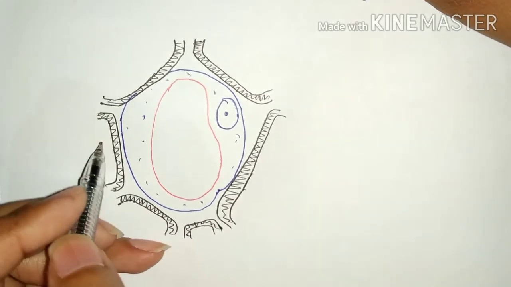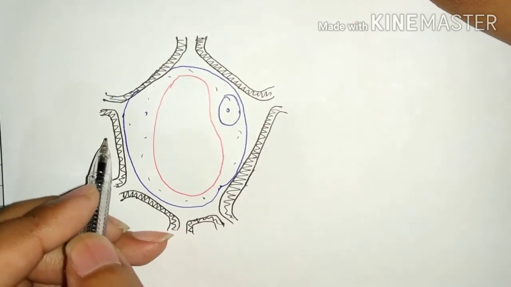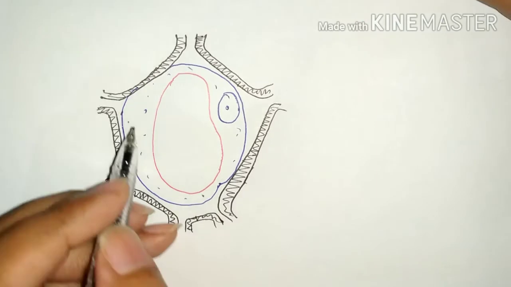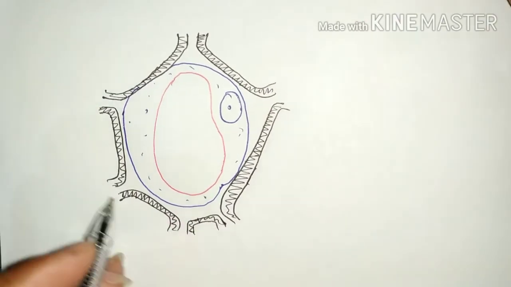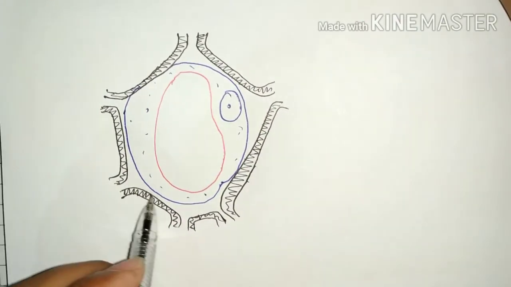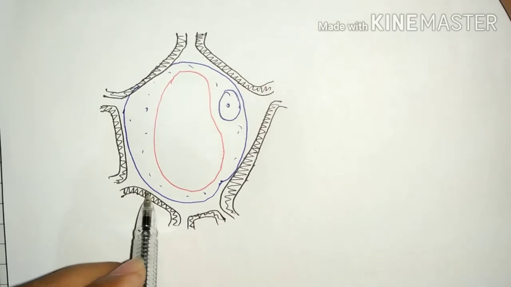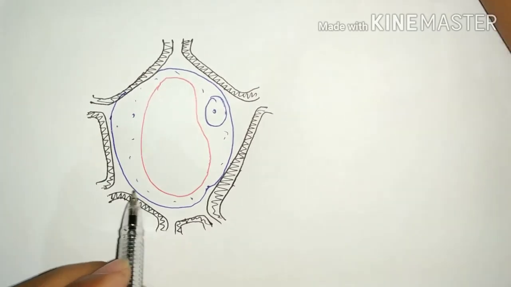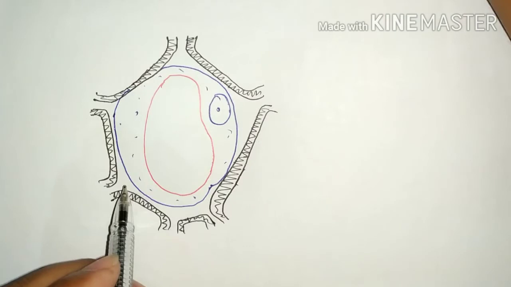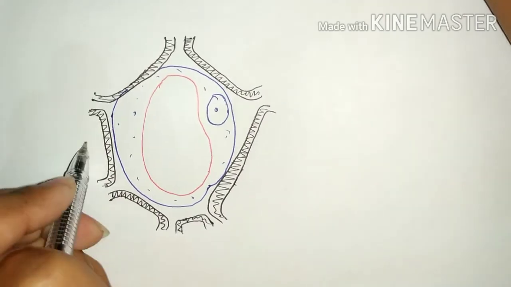Let's see osmotic pressure, turgid pressure and wall pressure in the plant cell when we keep the plant cell in hypotonic solution.